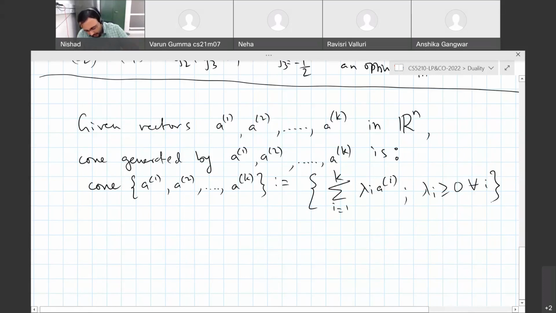Okay, and this kind of a combination is called a conical combination. So we have already seen convex combinations. You all are familiar with linear combinations. So this is yet another type of combination which happens to be really important.